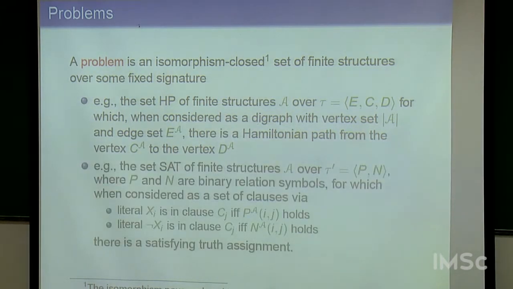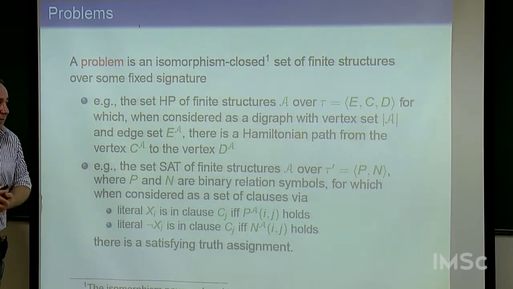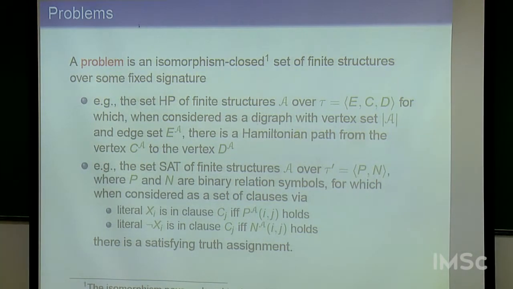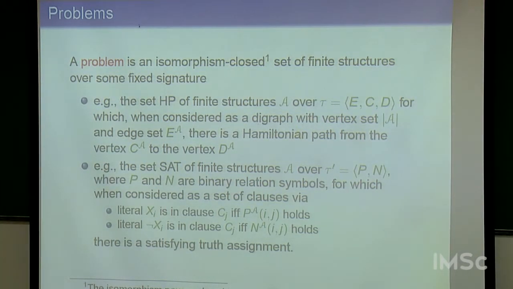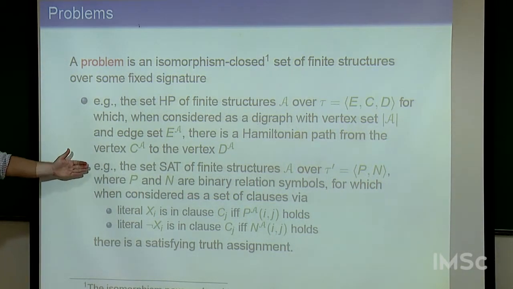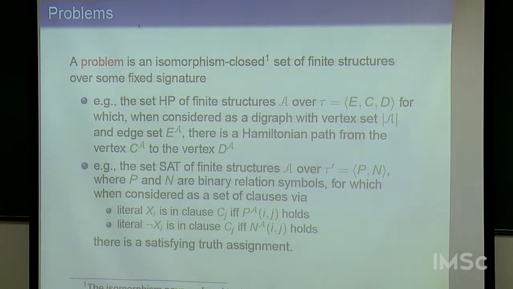Here's another problem. I'm using these two examples because I'm going to stick with these vocabularies or signatures later on. Here's another problem. This time my signature consists of two binary relation symbols, P and N, and it's a satisfiability problem. Essentially I think of my finite structures as sets of clauses as follows.